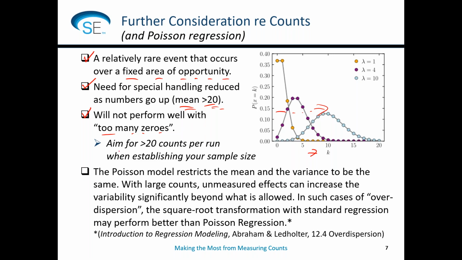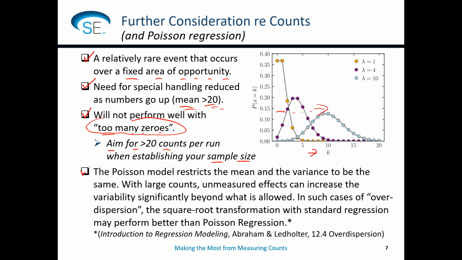So what you can do, from an engineering perspective, is establish your sample size or your area of opportunity so that you get plenty of counts and you don't have too many zeros in your data. That was something that I was always doing anyways, even before I realized that the statisticians were talking about this quote unquote too many zeros.